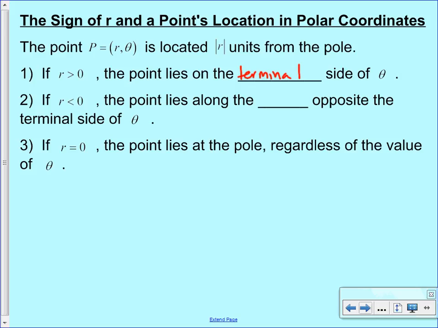If r is negative, like you have a -5 for radius, then it will be on the side opposite the terminal side of theta. We'll practice graphing this. And if the radius is 0, then it lies at the pole regardless of the value of theta.